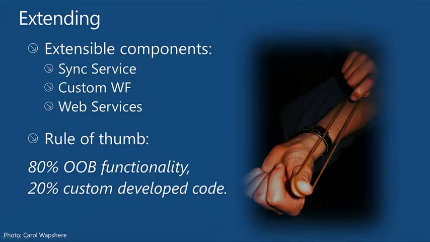So I guess what I'm trying to say here is try and use out-of-the-box functionality first, even if it means, and this is particularly true for the portal, it might not look like you first thought it was going to. You may have to change people's expectations a bit about what it's going to look like. But I think for long-term supportability, we should try and use out-of-the-box functionality as much as possible and then extend where necessary with due consideration and always staying within what is supported. And that'll keep working.